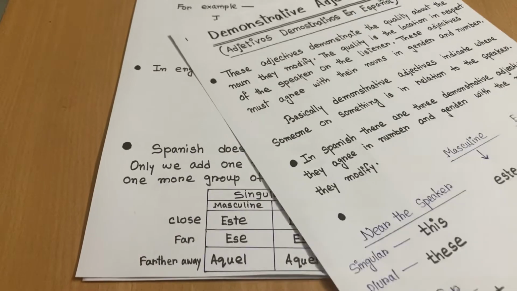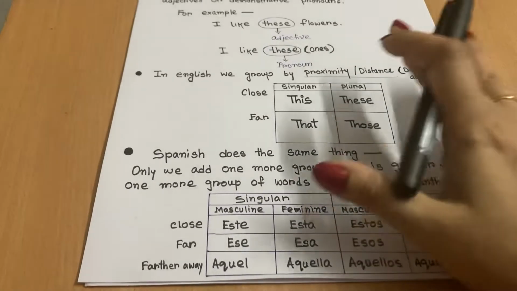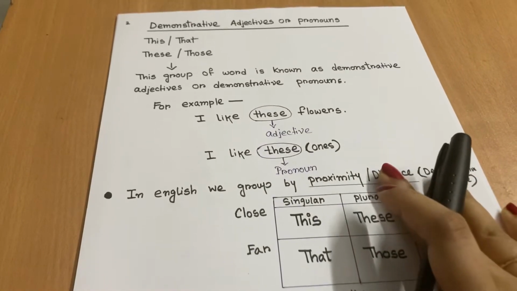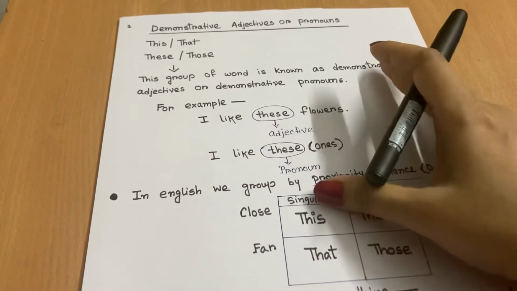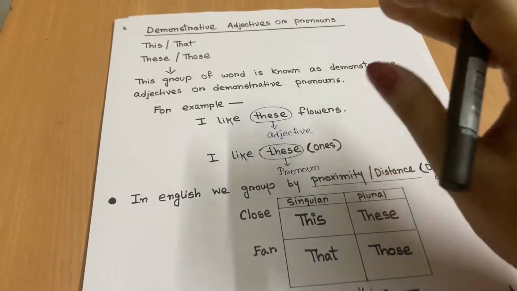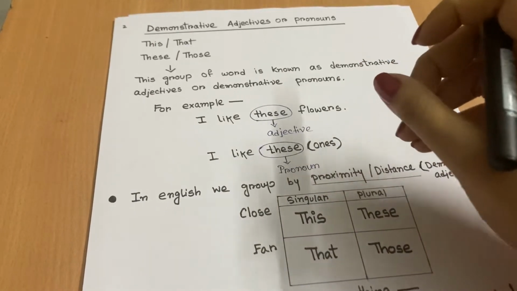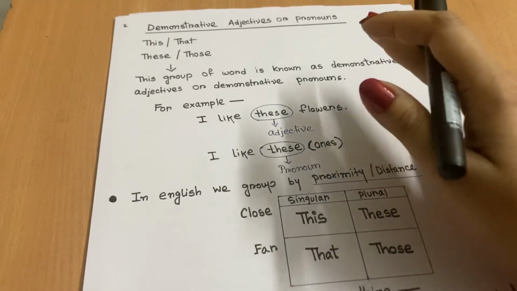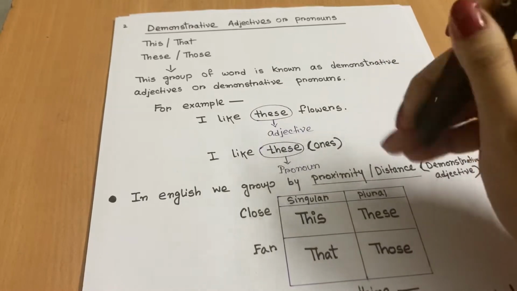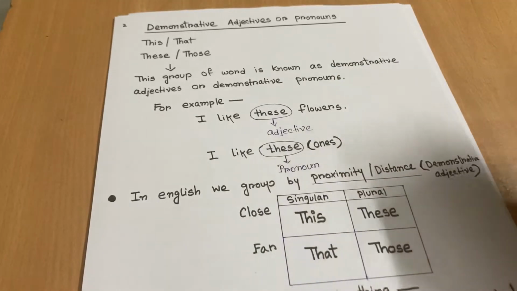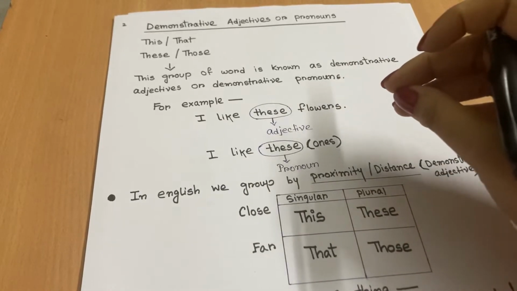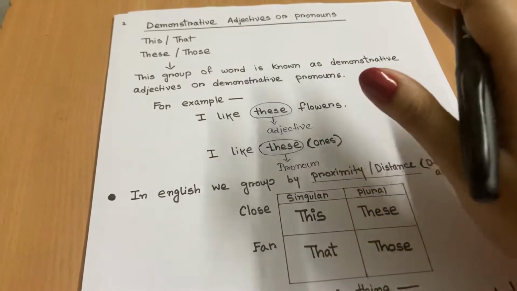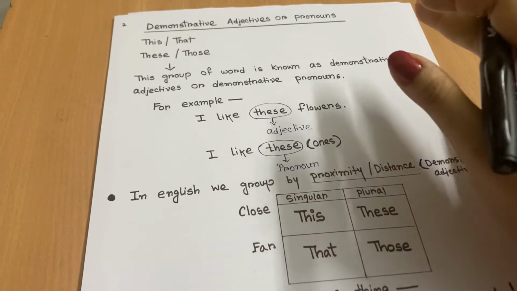Now here I want to make you all understand one more thing, that is sometimes a demonstrative adjective is used as a demonstrative pronoun. Now how can we tell a demonstrative adjective from a demonstrative pronoun? Maybe you are in a flower shop and you are seeing many flowers.